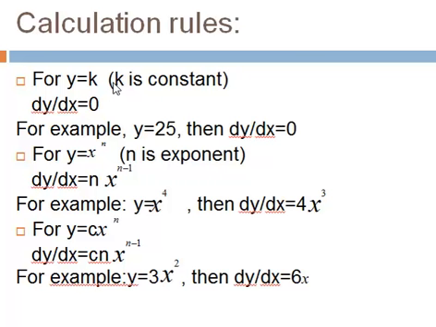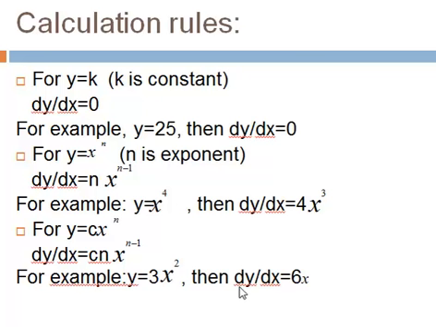So the derivative of y equals 0. The rule is for any constant function, the derivative of y equals 0. 0 means no change. For example, if y equals 25, then dy over dx, the derivative of y, equals 0.